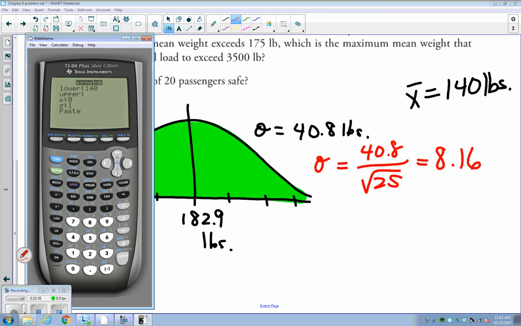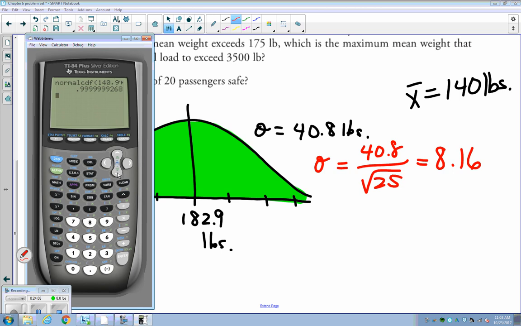Okay, what's my upper limit going to be? 99999. I went all the way up to the right, right? Then mu is 182.9, and my standard deviation is... I think we could round that to say 100%.